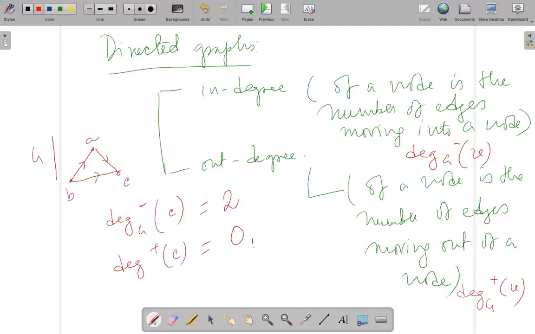Because there are two edges moving into C and there are no edges moving out of C. Similarly, degree plus of B is 2 and degree minus of B is 0. Because there are two edges moving out of B and no edge moving into B. So we'll stop here. Next class, we will look into different special types of graphs.